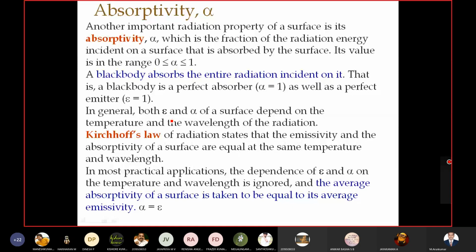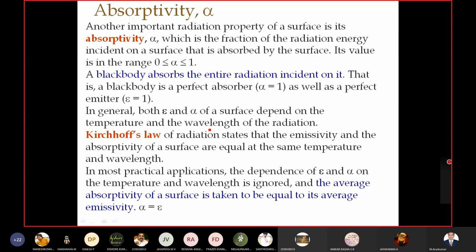In general, both epsilon and alpha of a surface depend on the temperature and the wavelength of the radiation. Kirchhoff's law of radiation states that the emissivity and the absorptivity of a surface are equal at the same temperature and wavelength. So each and every material has both values for a particular temperature and a particular wavelength.